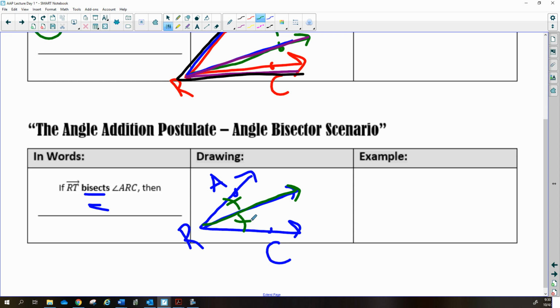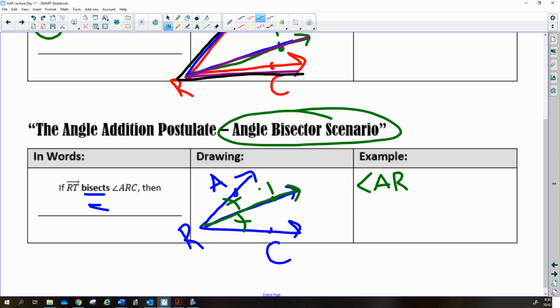So when I look at this as an angle bisector, what I would say is that, sorry, I forgot to put T over here, there's T, angle ART, the angle that I highlighted in green, is going to be the same size as angle TRC.